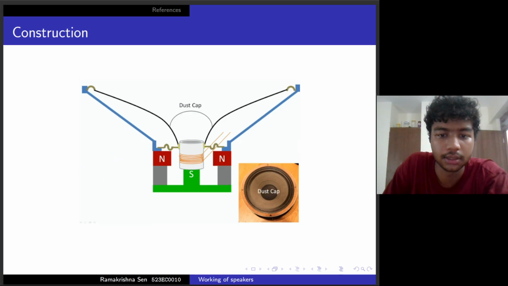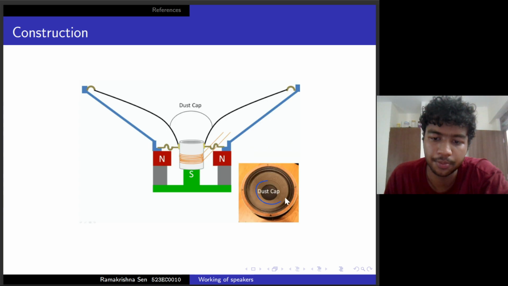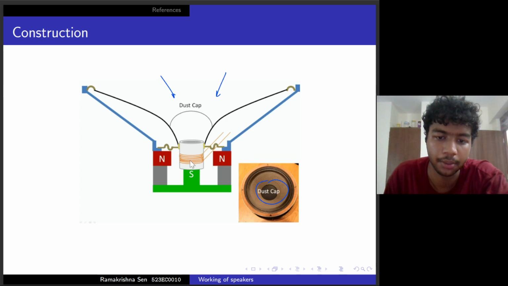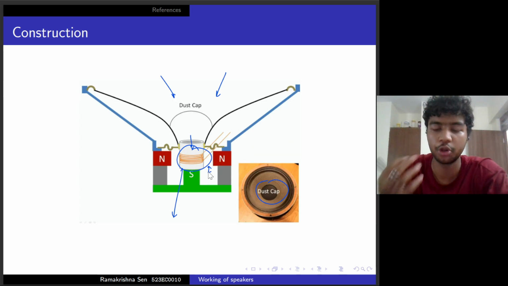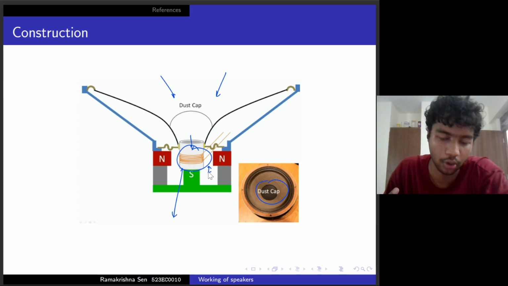A dust cap is just this portion of this audio speaker. A dust cap prevents any external force from coming inside and tampering with the audio output signal, because this is crucial and has a very small magnitude of change. If that change is altered, then the actual audio produced by the loudspeaker might get altered as well.